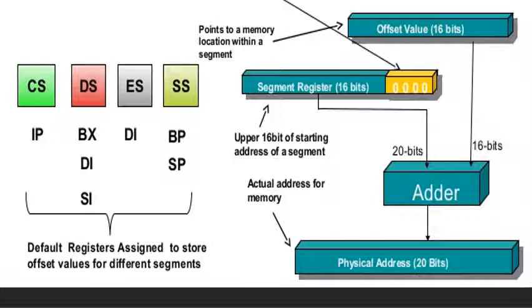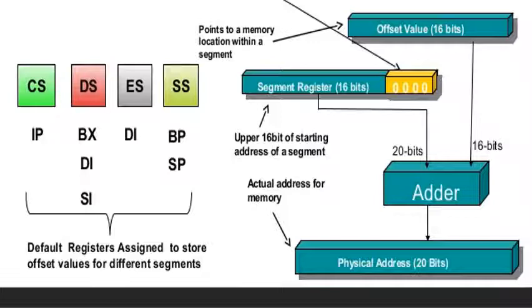The 20-bit physical address is generated by adding the 16-bit content of a segment register with a 16-bit offset value, also called the effective address, which is stored in a corresponding default register, either the instruction pointer or a base or index register, that is source index or destination index, base pointer or stack pointer. Different segments have different default registers for offset.